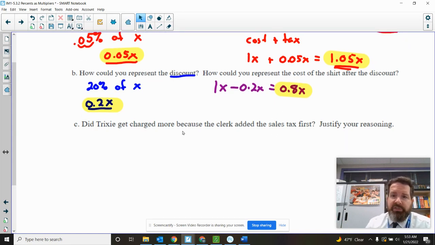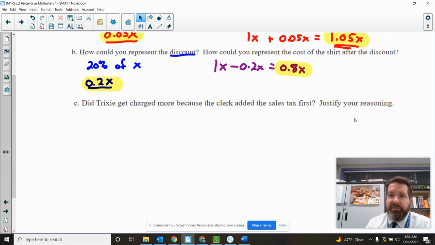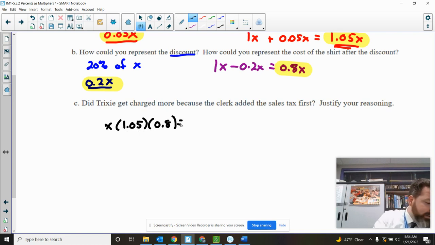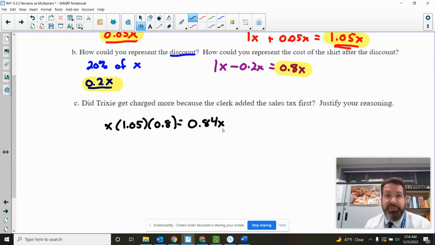So did Trixie get charged more because the clerk added the tax first? This goes back now to that same question. Adding the tax first would mean take your price, multiply by the 1.05, then take the discount, multiply by the 0.8. I'm going to use my calculator here. 1.05 times 0.8 means that the overall final cost is 0.84 times the cost of the shirts to start with.